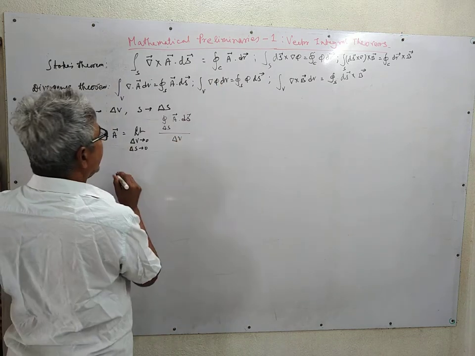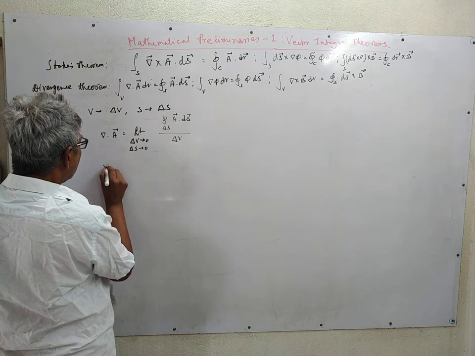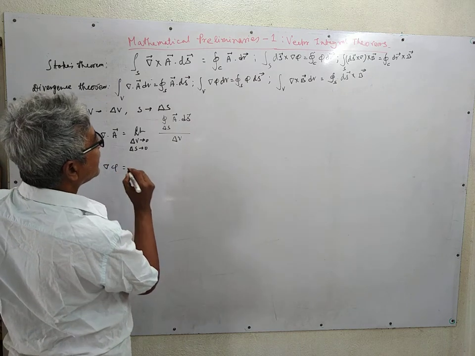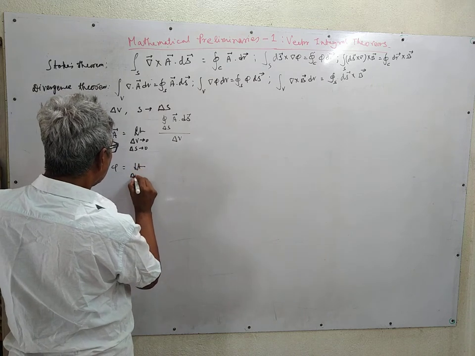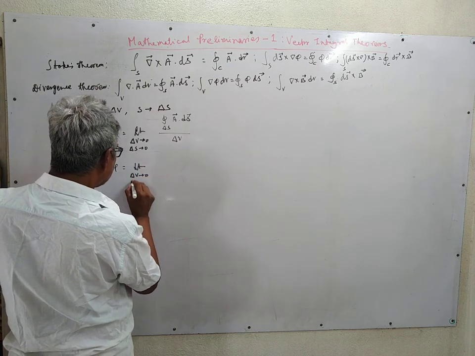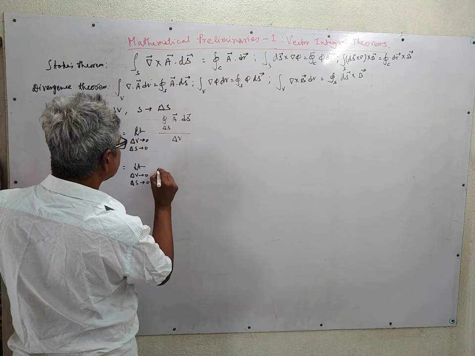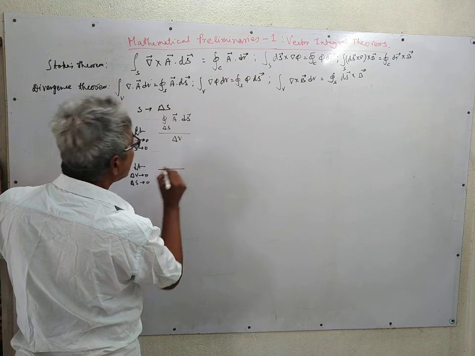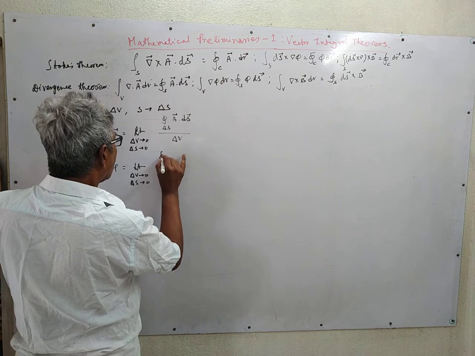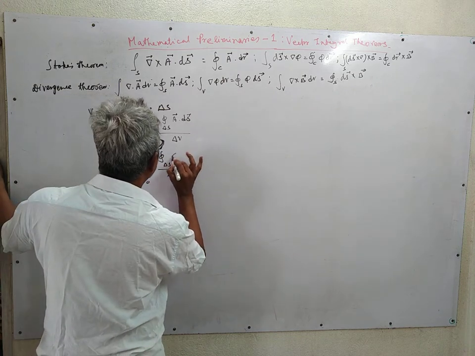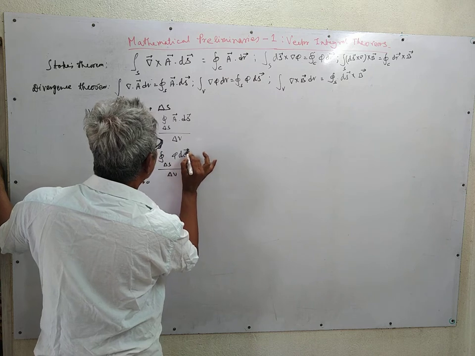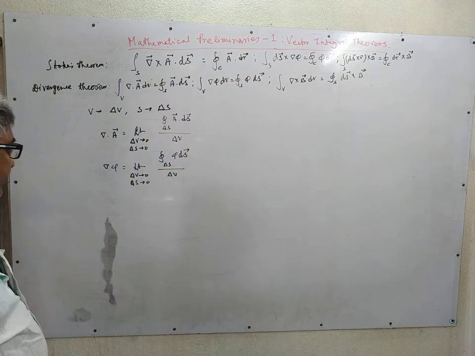Then gradient, limit delta V tends to 0, consequently delta S tends to 0, and this gives you the definition of gradient.